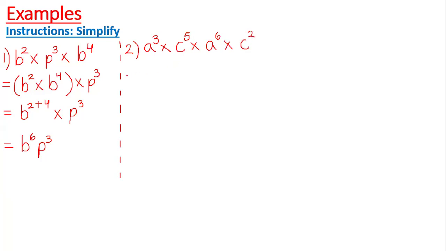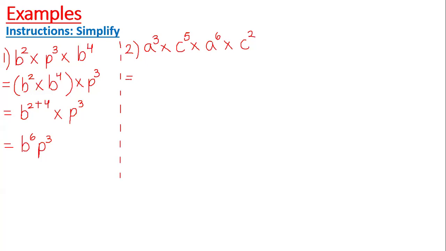Anyone have any answer for this one? What do you think it is? A to the 9th power and C to the 7th power. That's what you think? Anyone else want to try?